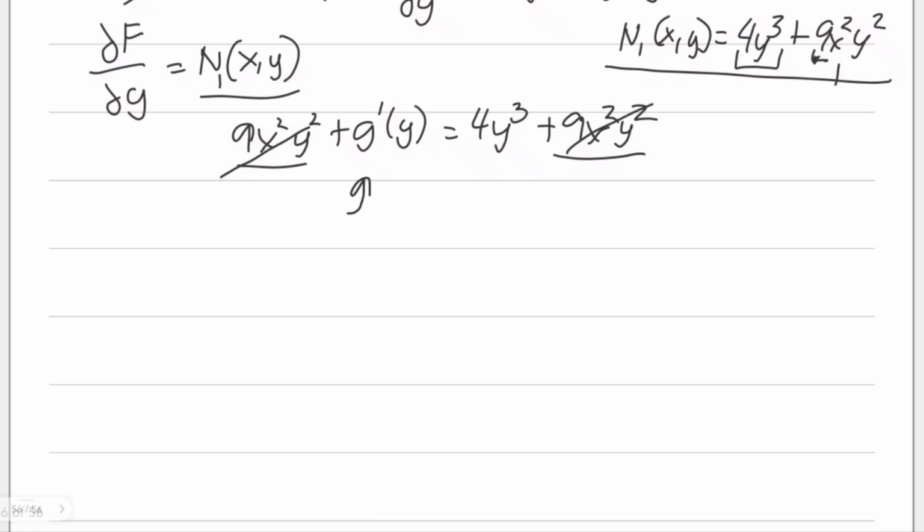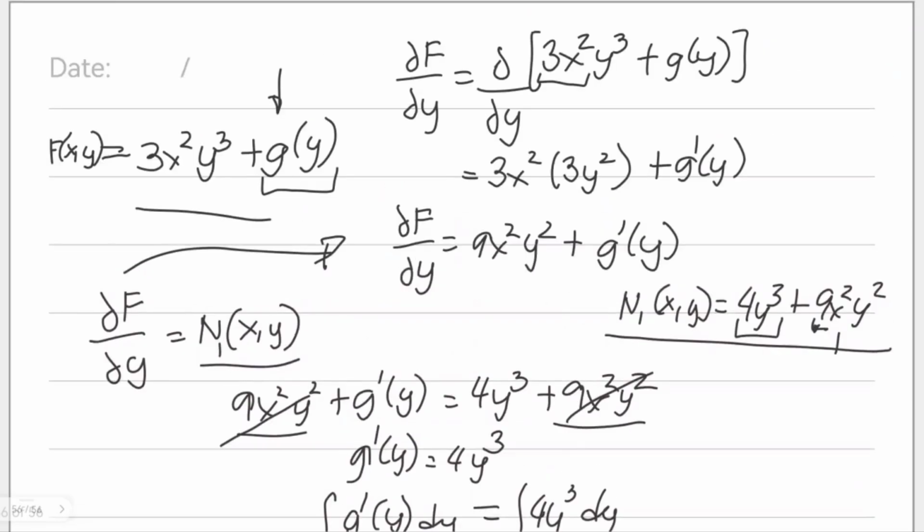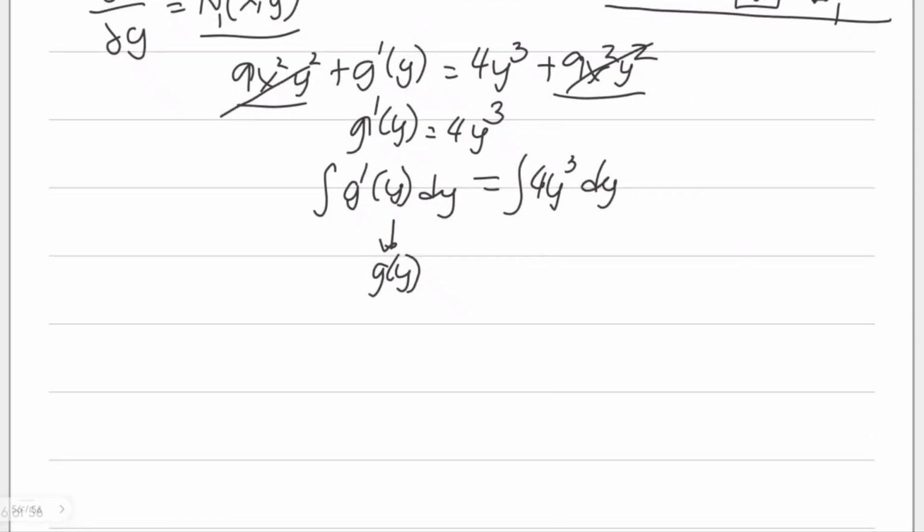In short, g prime of y is 4y cubed. Since we would like g of y, take the integral dy, and on the other side as well, 4y cubed dy. This will return to g of y, the item we would like to solve to complete our solution.